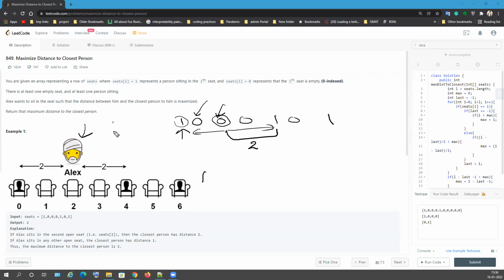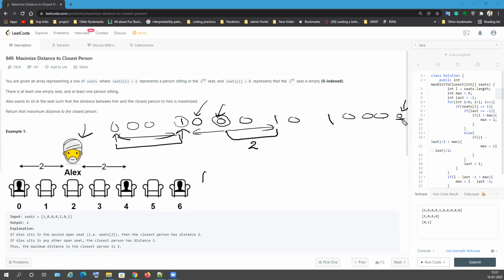First case, there are some empty seats in the starting. So if the person sits in the first seat, the distance to the nearest person is this, right? If there are empty seats at the last, then the person should sit in the last one, not here, because that will not maximize the distance.